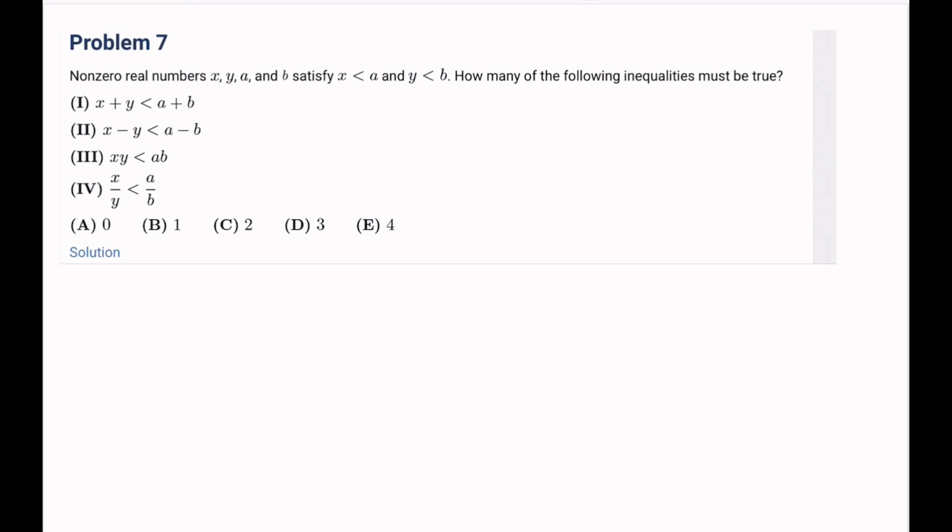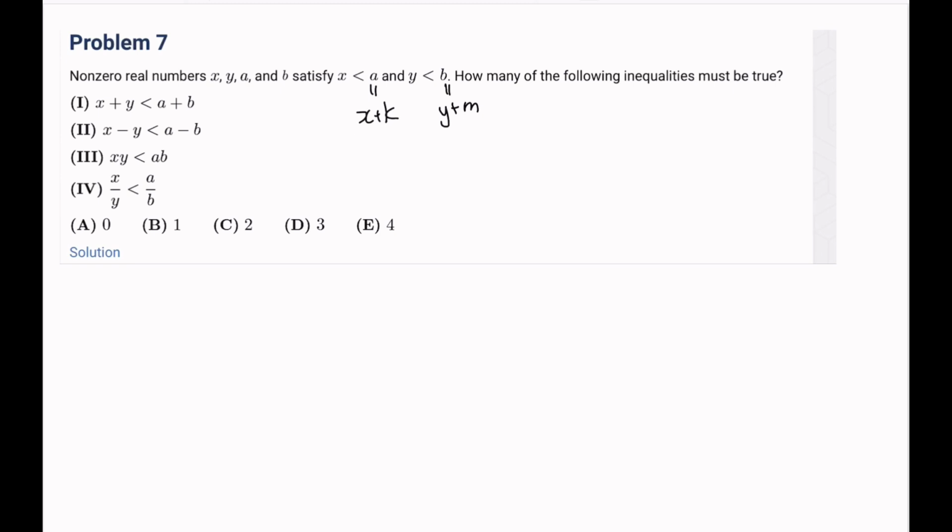Number 7. Non-zero real numbers x, y, a, and b satisfy x is less than a and y is less than b. How many of the following inequalities must be true? Okay, so usually you would go about putting random numbers in here, but just for this problem, to be more accurate, I'll say a equals x plus some k, and b equals y plus some m, right?